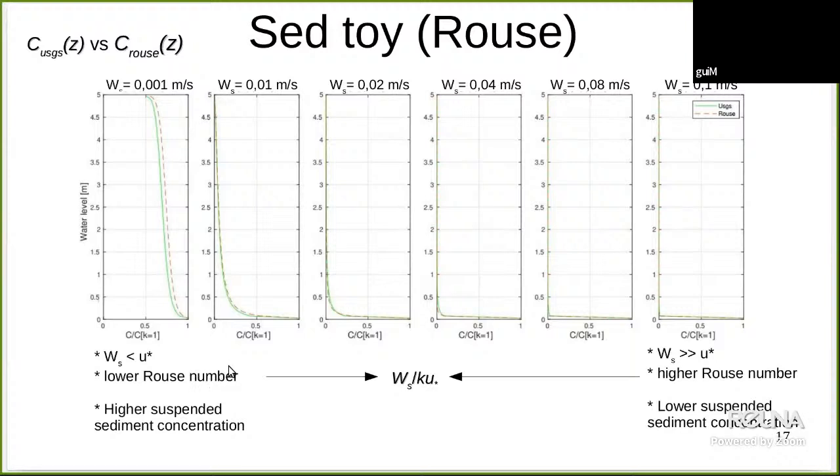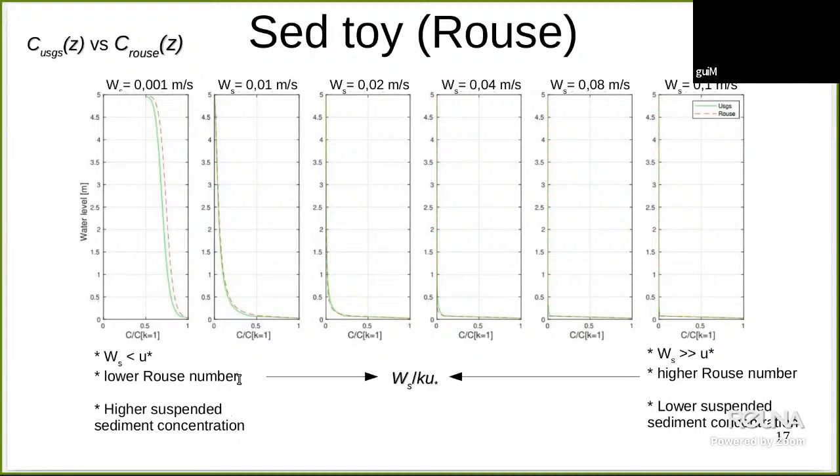As we can see, when we have a lower Rouse number, and this is the case because we have lower settling velocity, it's intuitive, we have higher suspended sediment in the water.